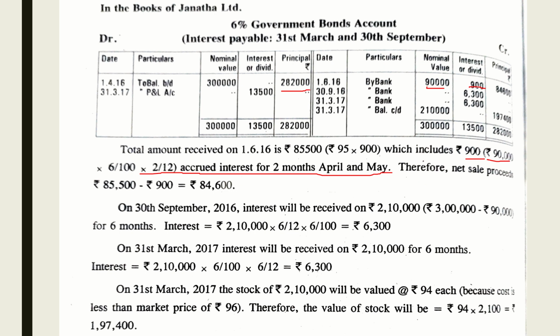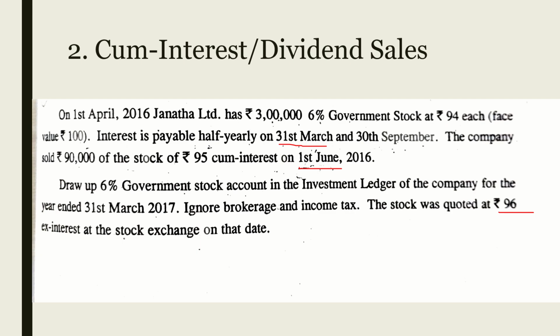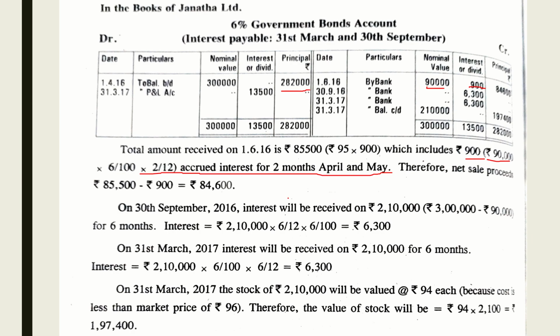Normally the number of debentures is 900, and 900 into 95 should have been the principal value, that is 85,500, but we have to deduct the amount of accrued interest. So we'll get it as 84,600.